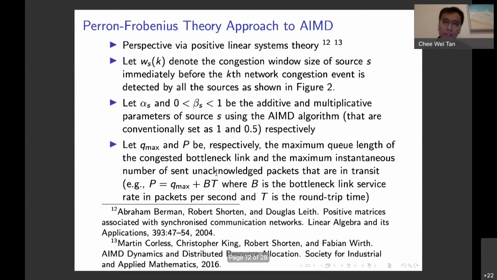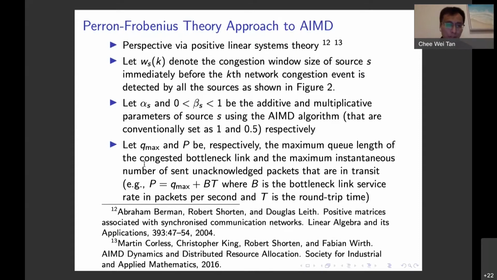Now, that is optimization. And to the same problem, the same abstraction of AIMD, I could have another theory to teach students. As I said, this is more unfamiliar to students: the so-called Perron-Frobenius theory, which is really about non-negative matrix theory. It turns out that there is another way to look at the AIMD dynamics exactly.